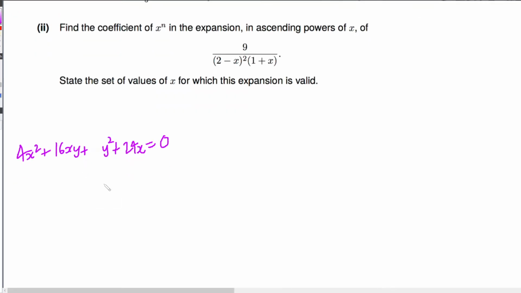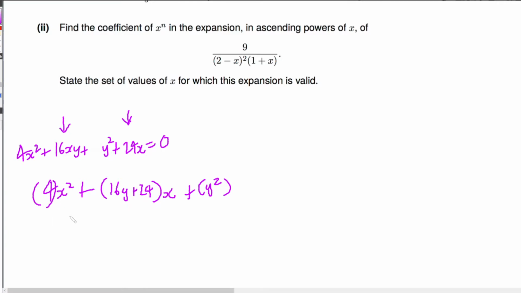To rearrange that into a quadratic equation in terms of x, we get 4x squared plus, well, these two terms are in terms of x, so if we take the x out, we get (16y plus 24) times x. And finally, there's no constant term on this side, but there is a constant term, which is just y squared, because it's independent of x. So the a, b, and c of this quadratic equation, the coefficients, are 4, 16y plus 24, and y squared, and they're equal to 0.